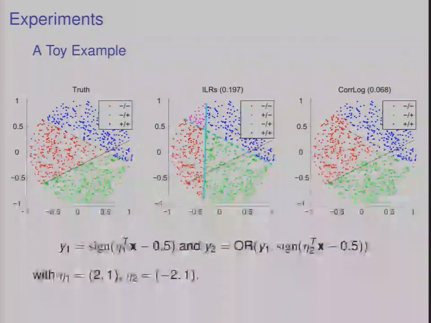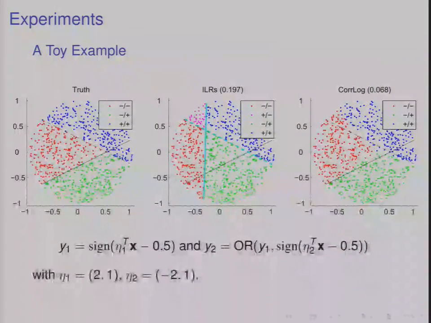The middle figure here shows the prediction result using independent logistic regressions. Since it does not capture the correlation between labels, the prediction is not very good.